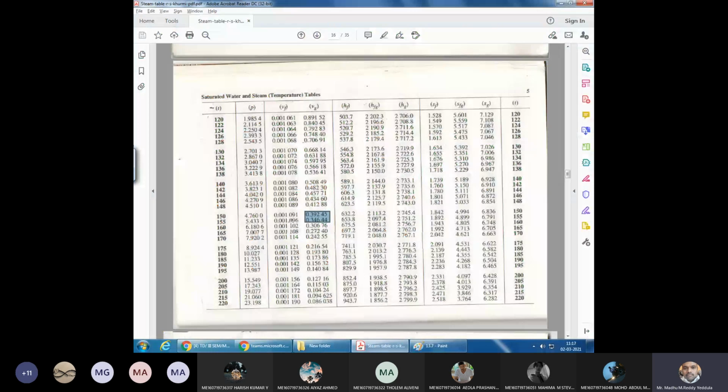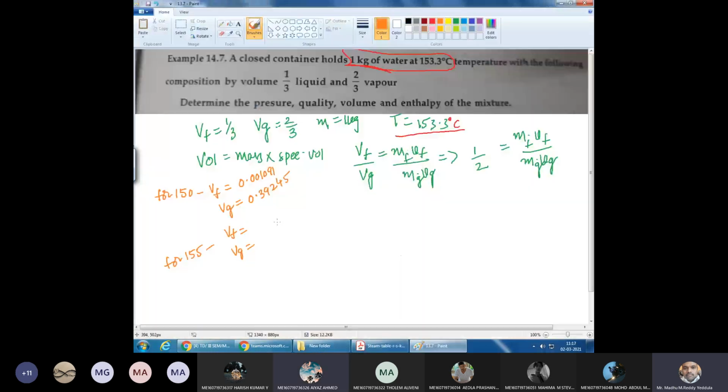Then corresponding to 155, 0.001096 Vf, and Vg value 0.34644. Right. So 155, 150, right?